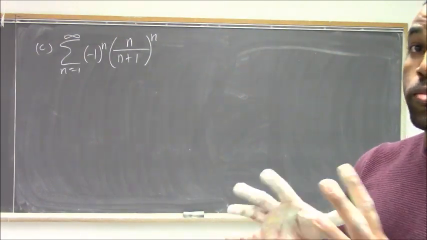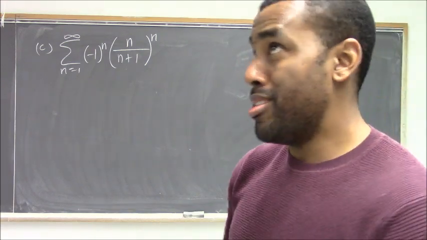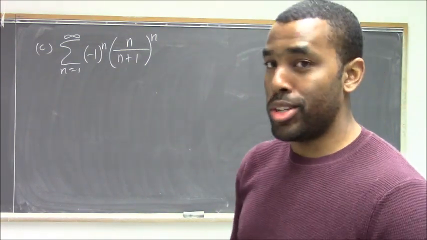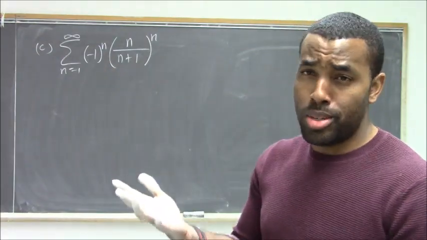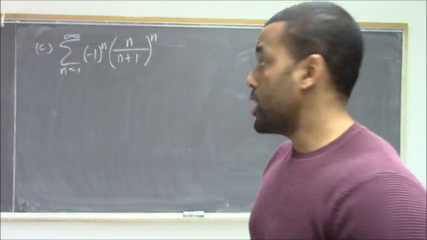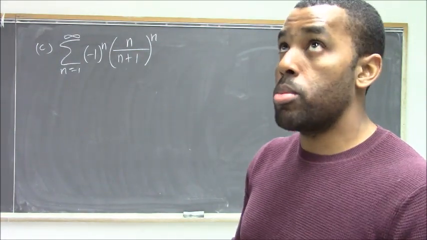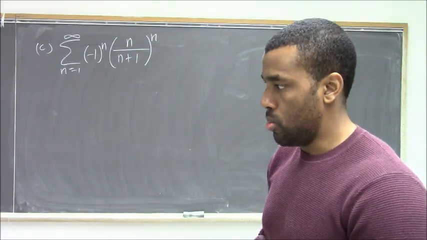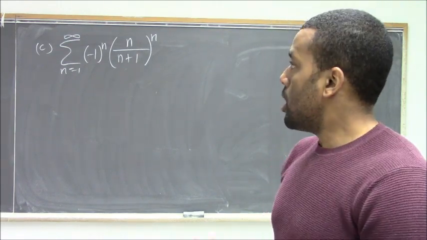So the first way I'm going to do it, I will readily admit that the average Calculus 2 student is not going to see it this way. They're not. But I'm going to do it this way just to make a point. But then I'm going to do it another way, probably how the typical Calc 2 student would actually approach the problem.